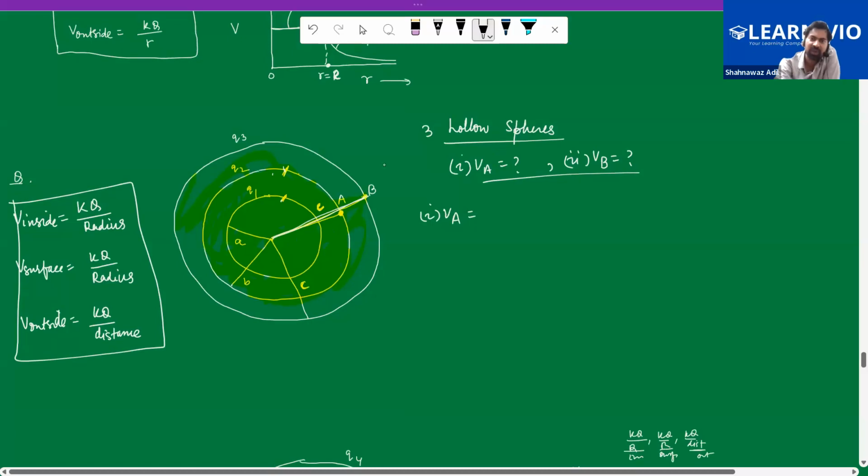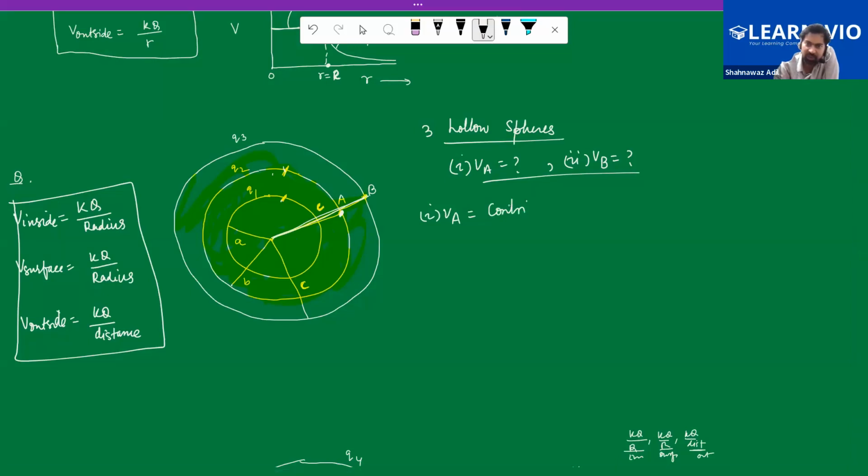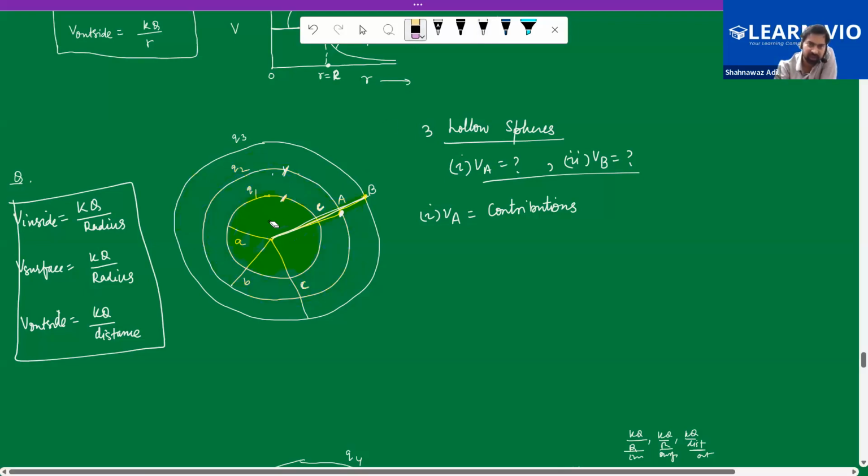Okay, so we want to find out the potential at a point. So how many contributions would be there if I want to calculate the potential at A? Please tell me how many contributions would be there.